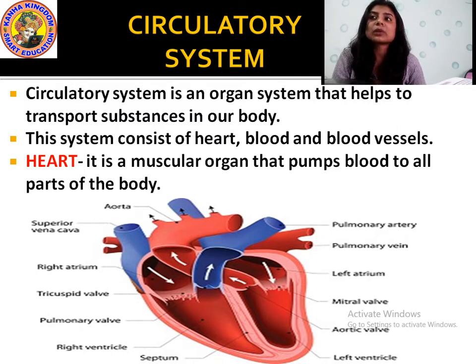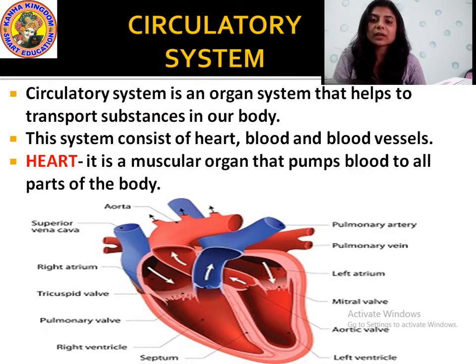That is the heart. The heart is the main organ of the circulatory system. Then it consists of blood. Our body is full of a kind of fluid. What is that? That is blood, yes or no?